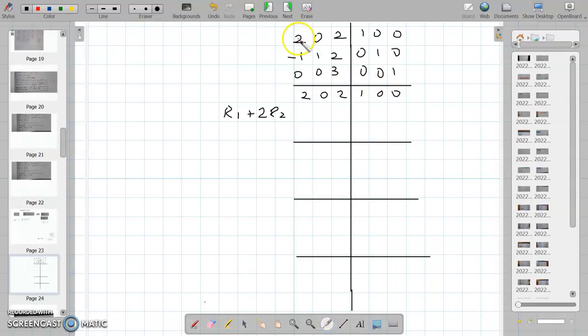So we got row 1 plus 2 row 2, that plus 2 of these. So we're going to get 0, 2, 6, 1, 2, and fill in the bottom one: 0, 0, 3, 0, 0, 1.